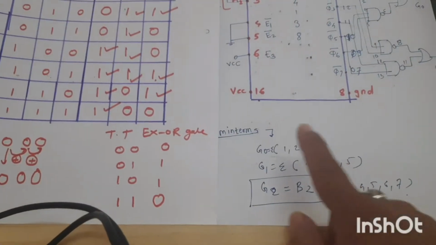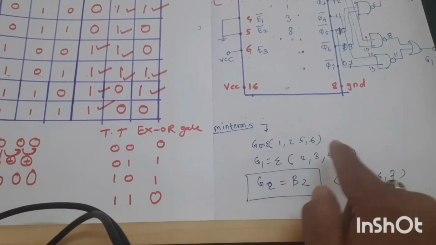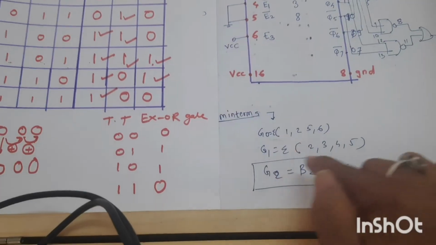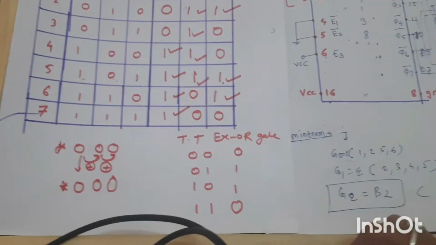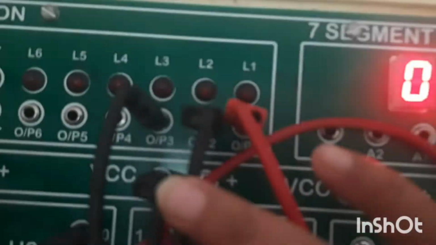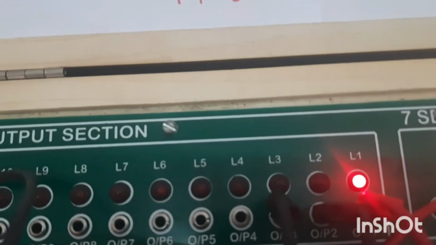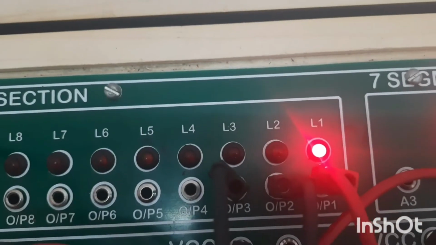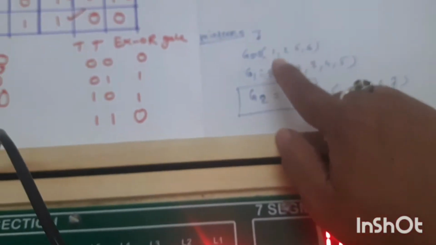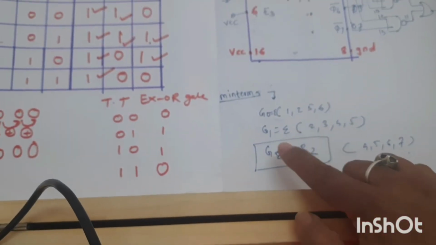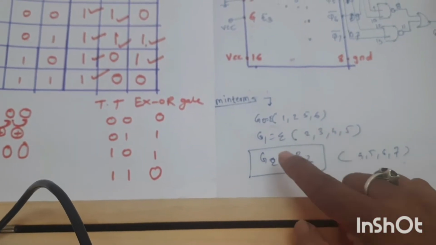For the output of G0, you can see the minterms 1, 2, 5, 6, but minterm 1 is present in only G0. So only G0 should blink when I apply 1. Apply 1 here, 0, 0, 1. You can see only G0 blinked. Now minterm number 2 is present in G0 as well as G1.